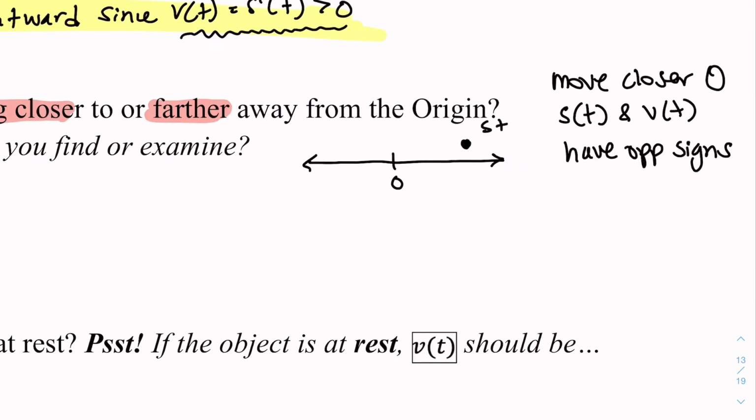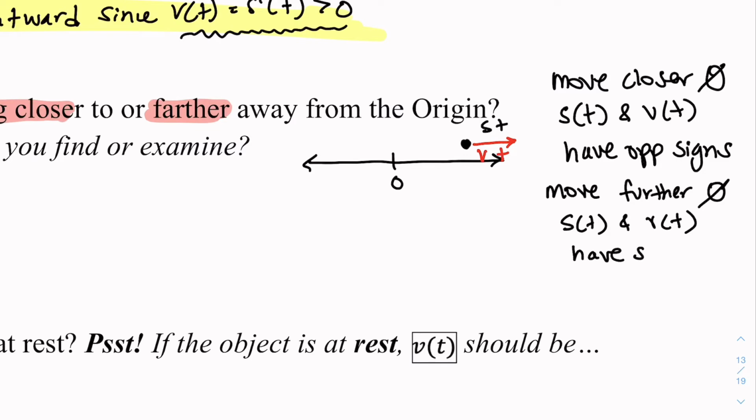If our position is already positive, so we're on the right, then to move further away from the origin, we'll have to move even further in the same direction. So that means that velocity would also have to be positive. What does that tell us? That means if I want to move further from the origin, then S and V will have the same signs.